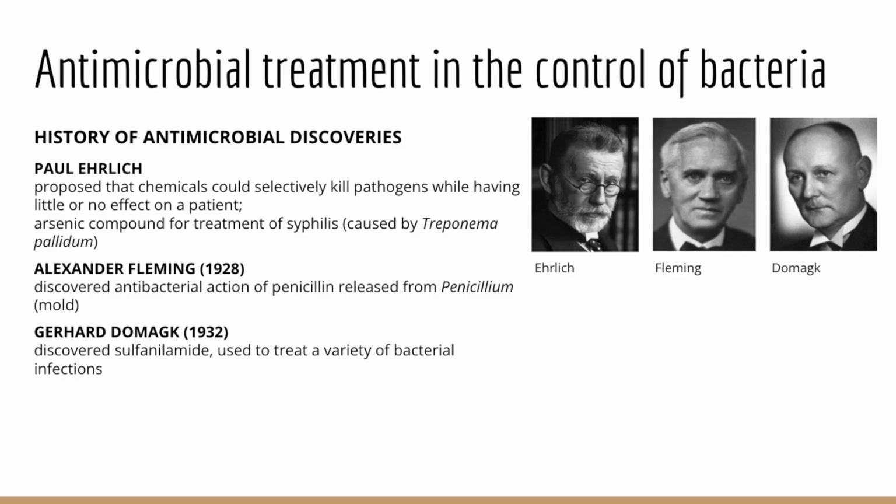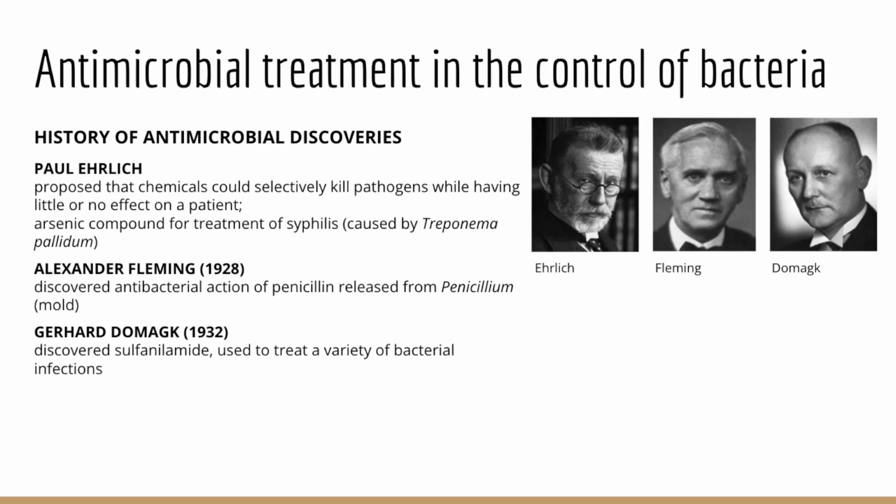Though arsenic compounds and penicillin were discovered first, they weren't the first antimicrobials in widespread use. Ehrlich's arsenic compounds were toxic, and penicillin wasn't available in large enough quantities to be all that useful. This brought forward another German scientist, Gerhard Domagk.